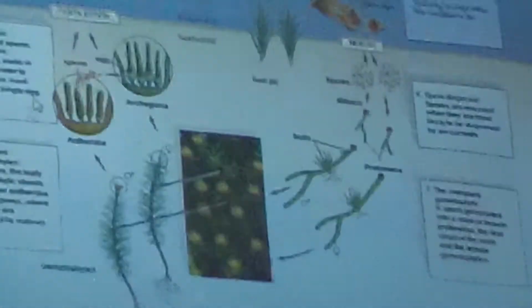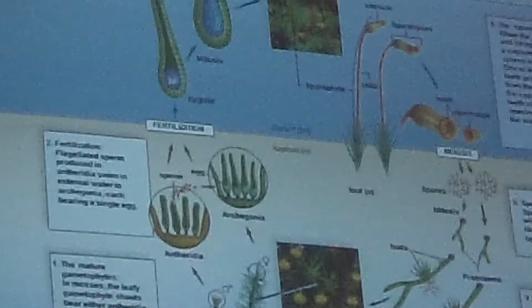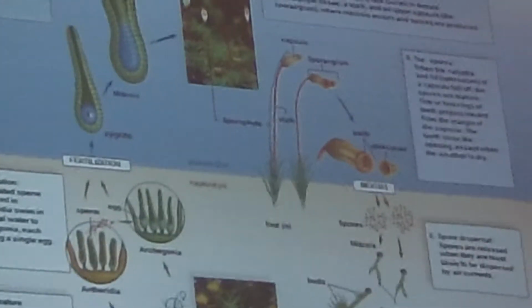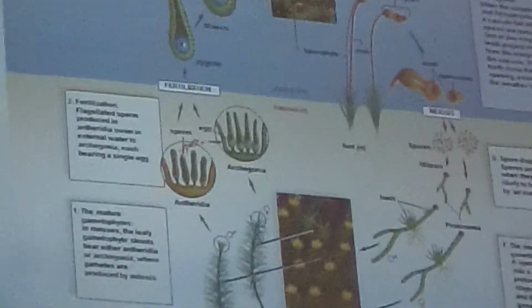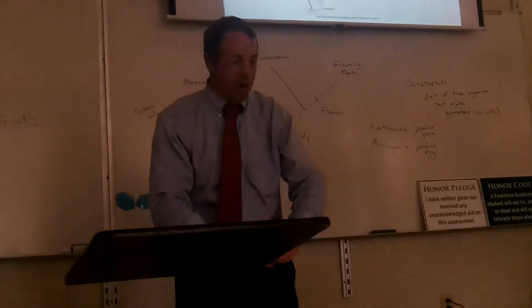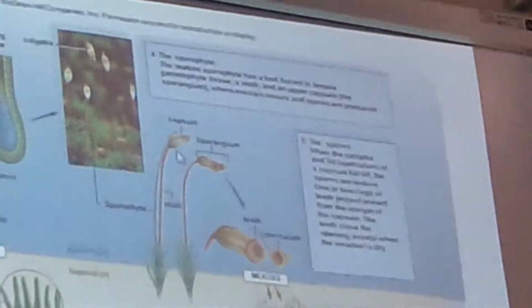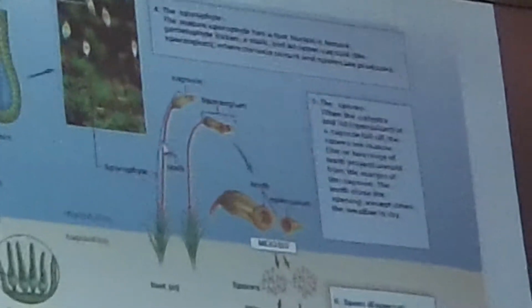Now, when the sperm fertilizes the egg, we get a zygote, and that has two sets of chromosomes, one set from the sperm and one set from the egg. And it grows into a stalk and capsule. The stalk and capsule also has cells that have two sets of chromosomes because they grew from the zygote.